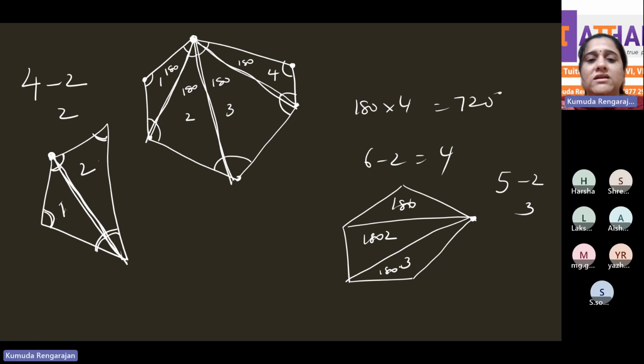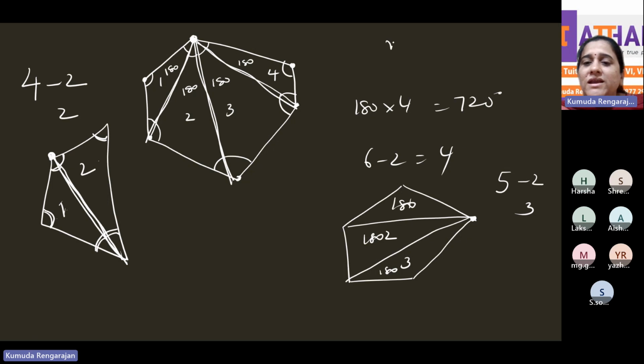If there's one triangle, the sum of the angles is 180 degrees. If there are 5 triangles, 5 into 180, 900 degrees. So that's the formula to find the sum of all the interior angles of any polygon.